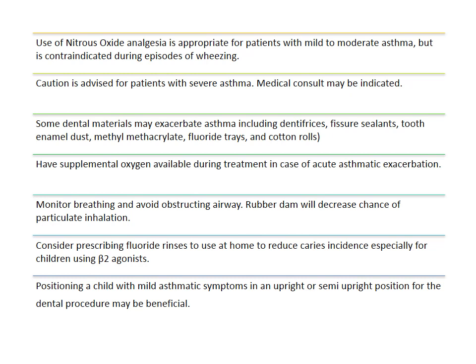This is an at-home technique of reducing caries. Positioning a child with mild asthmatic symptoms in an upright or semi-upright position for dental procedures is always beneficial. So it's always better to make the patient sit upright or semi-upright, but not in supine position, for the dental procedures.